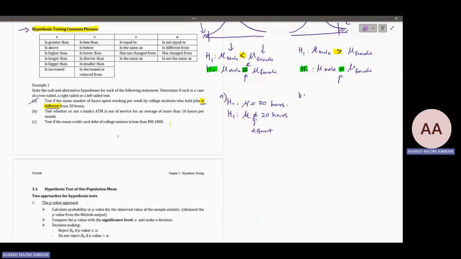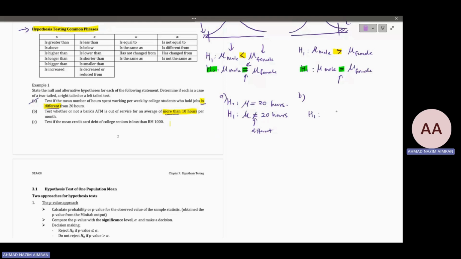Now let's look at B. Test whether or not a bank's ATM is out of service for an average of more than 10 hours per month. So again, this is referring to our alternative hypothesis, and the phrase used is more than.